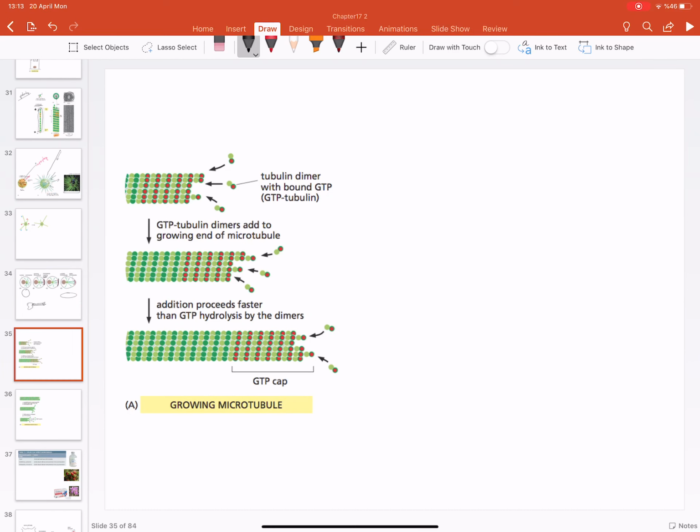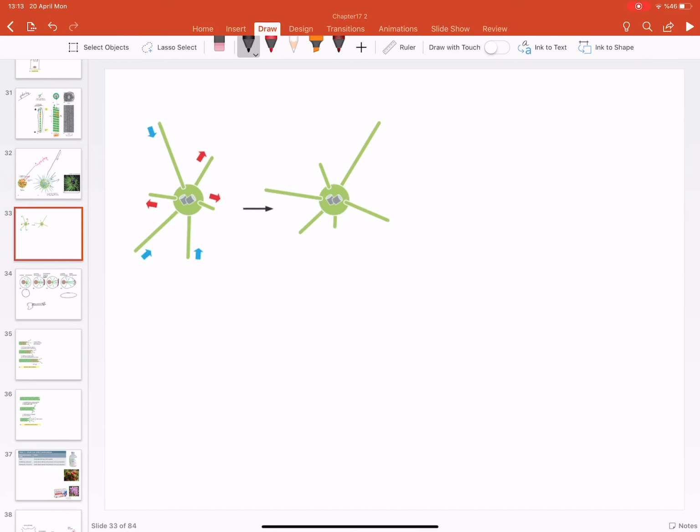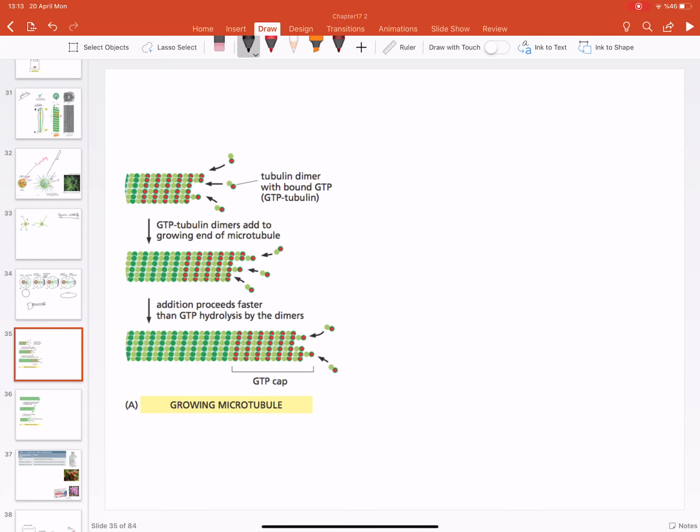And there is a very nice event, dynamic instability. It is the growing and shrinking of the microtubules, how they grow and how they shrink. Now think about the monomers. The beta tubulin monomer comes in the GTP-bound form.